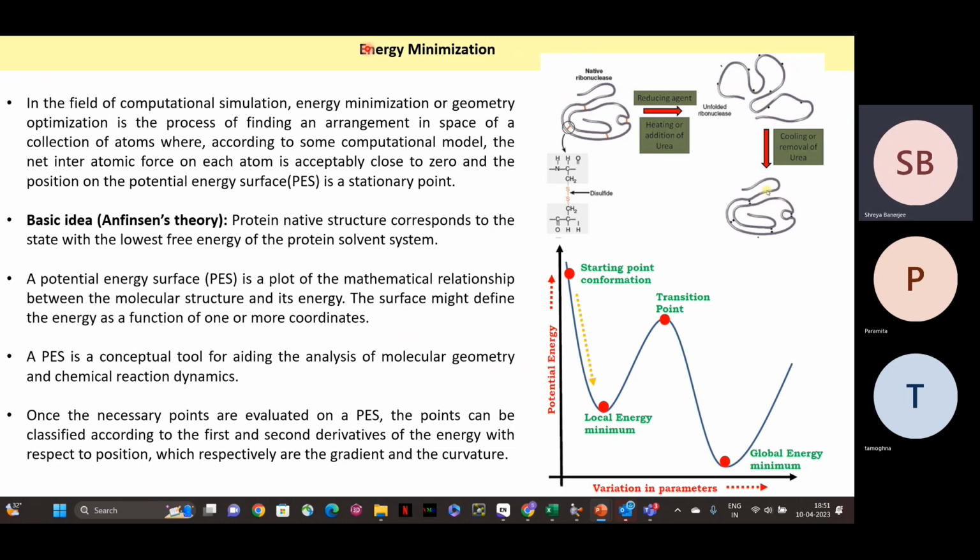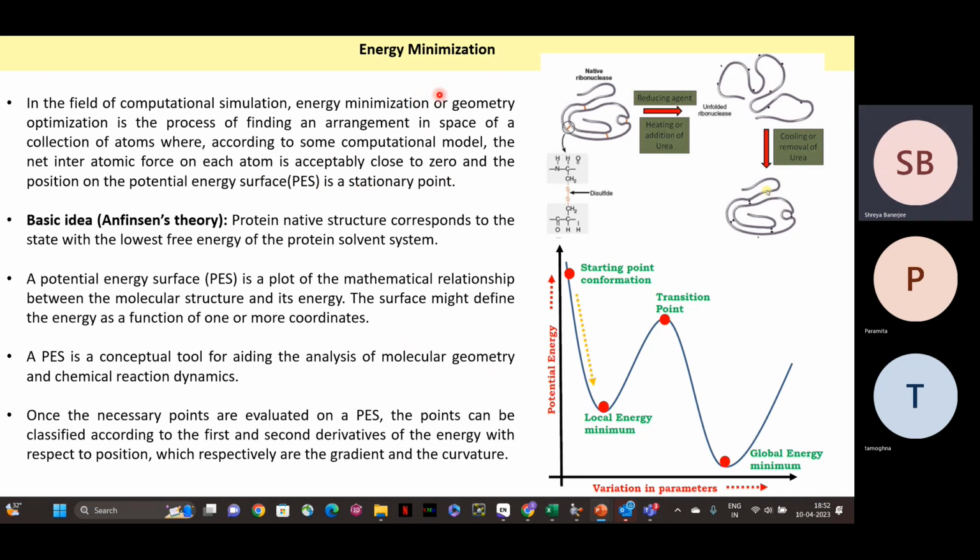Next, we will talk about energy minimization. In the field of computational simulation, energy minimization or geometry optimization is the process of finding an arrangement in space of a collection of atoms where, according to some computational model, the net interatomic force on each atom is acceptably close to zero, and the position on the potential energy surface is a stationary point.